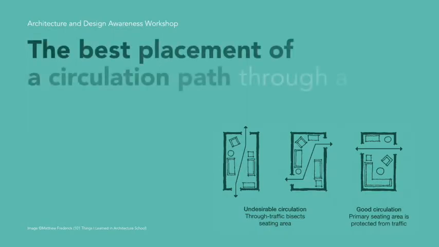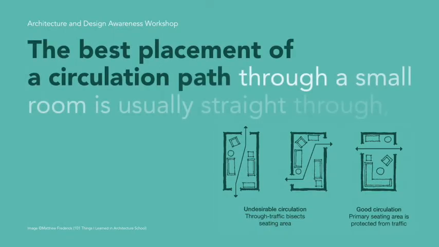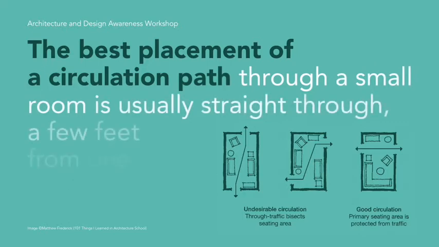The best placement of a circulation path through a small room is usually straight through, a few feet from a wall. This will allow the primary users to be uninterrupted by through traffic.